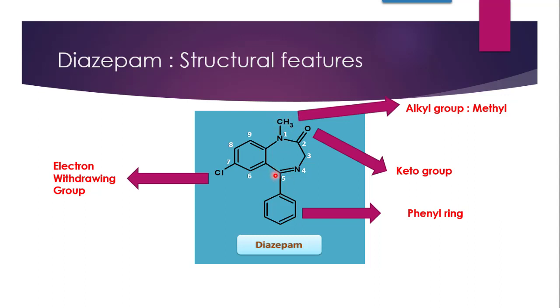At the fifth position there is a phenyl ring, and at the seventh position there is chlorine, which is an electron withdrawing group. So these are the structural features of diazepam. At first position there is methyl, second position keto group, fifth position phenyl ring, and at seventh position chlorine, which is an electron withdrawing group.